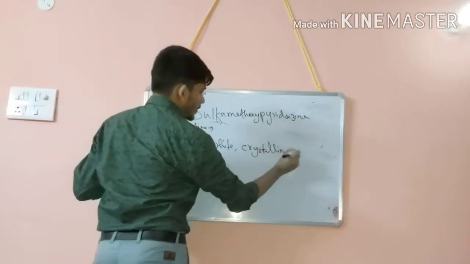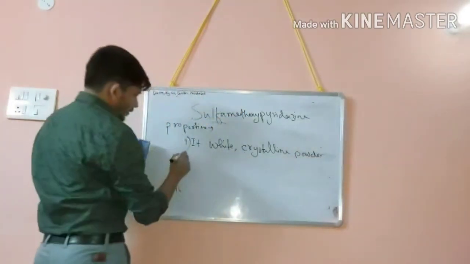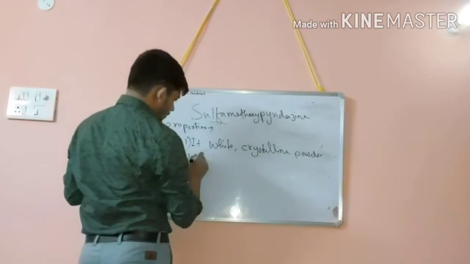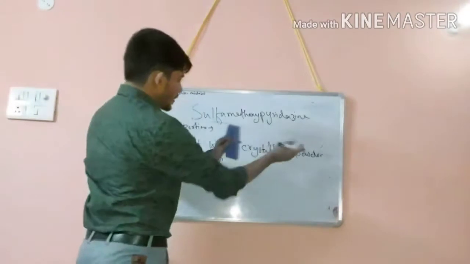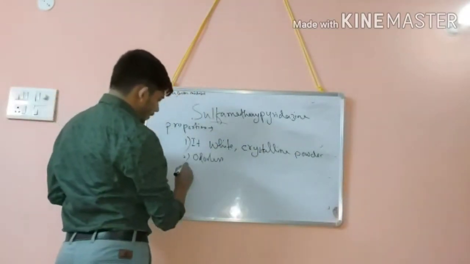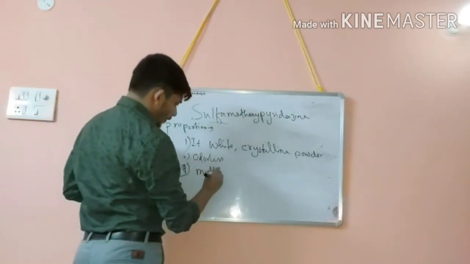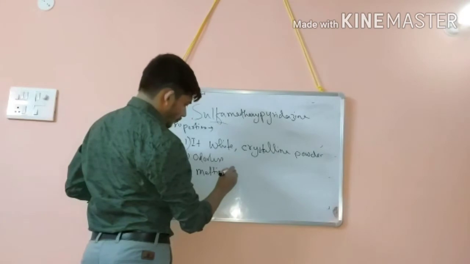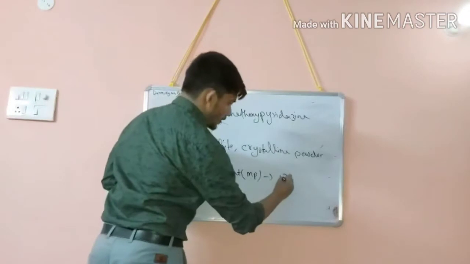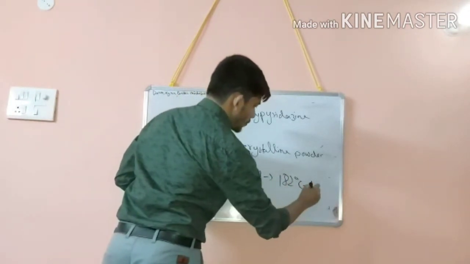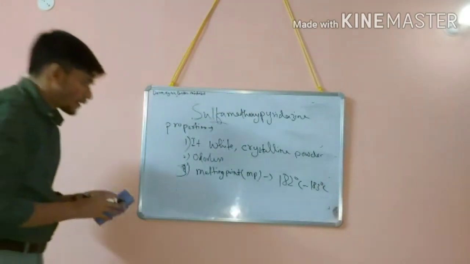Next, it is odorless, an odorless white crystalline powder. Next, the melting point. Its melting point ranges from 182 degrees Celsius to 183 degrees Celsius. So this is the melting point range.